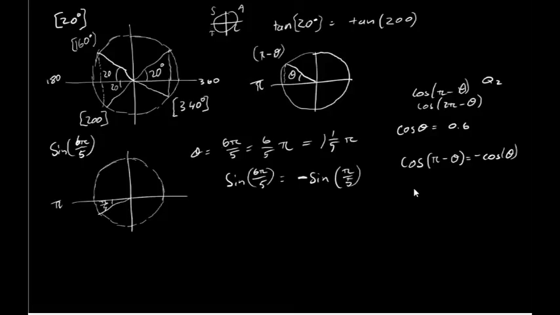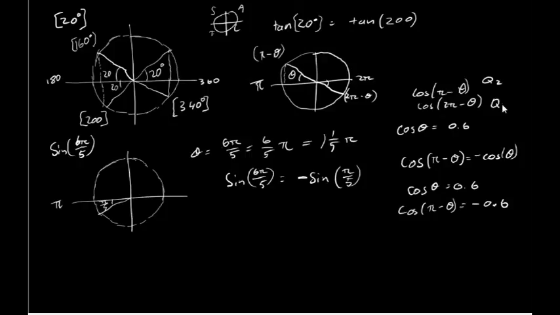We know that cos of theta is 0.6, so therefore we can say cos of pi take theta is minus 0.6. Cos of 2 pi take theta. Well, here's 2 pi. If we take away an angle, we get 2 pi take theta over here.